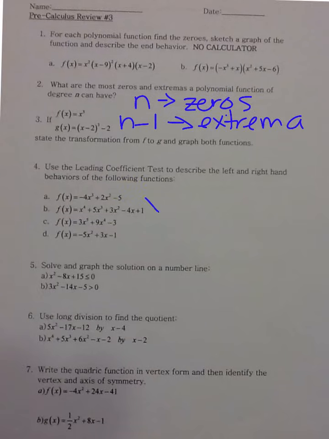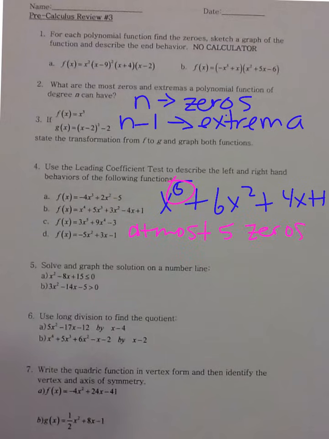So let's say I have x to the 5th plus 6x squared plus 4x plus 1. So my degree is 5, right? So it will have at most 5 zeros, and it'll have 5 minus 1, so it'll have 4 extrema. Okay, so let's take a look at the next one.